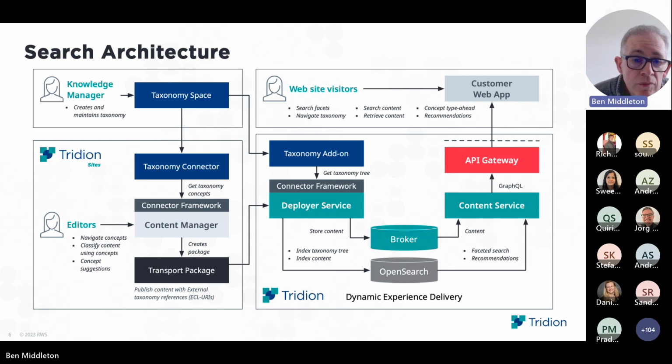And then from a customer web application perspective, they can build all of these features using this functionality. One thing I have added to this diagram is the use of the API gateway. This is something we would use in our own cloud. There's increasing demand for headless solutions, and there was a reference to it earlier in the chat.